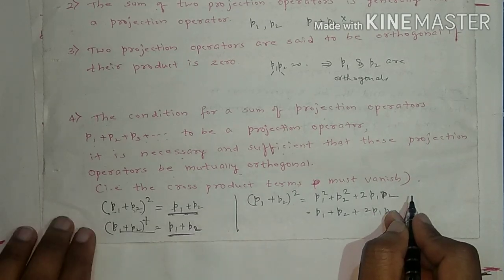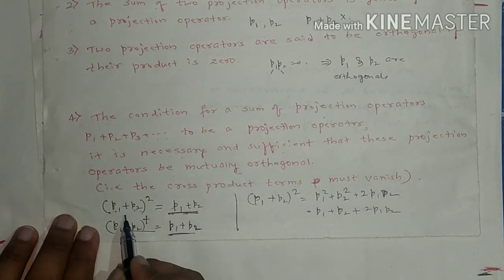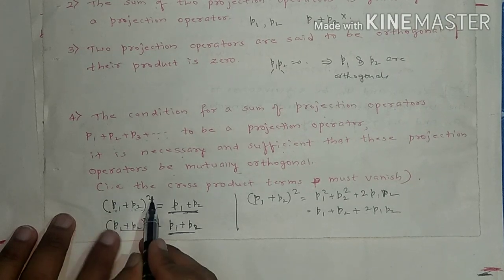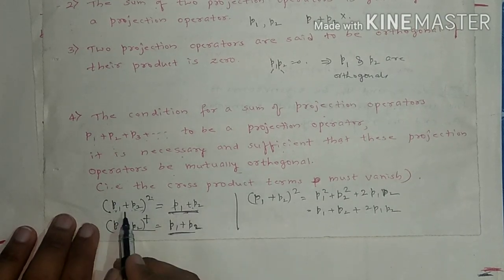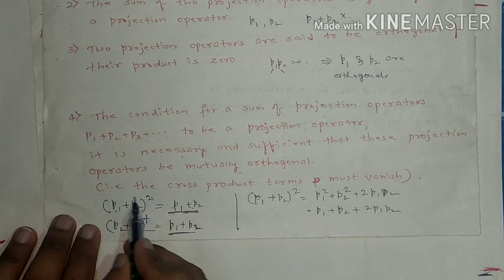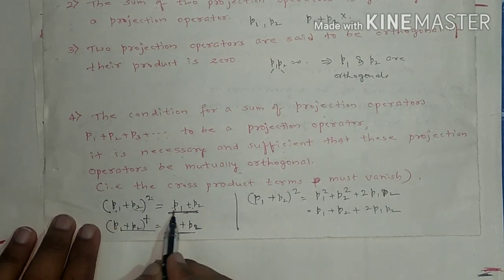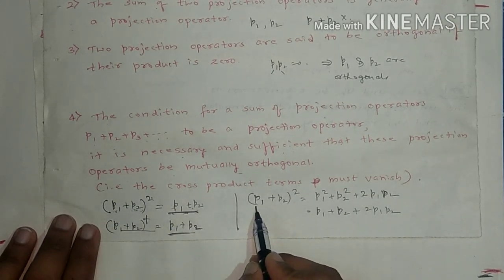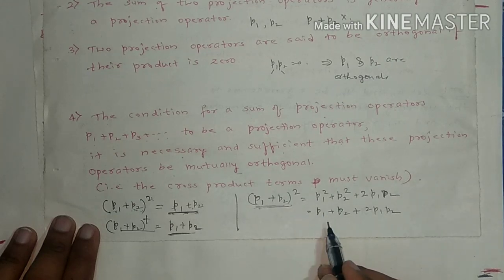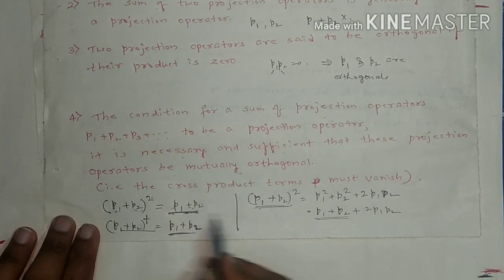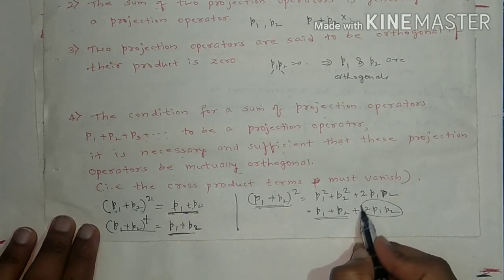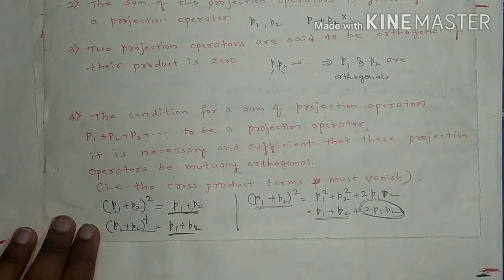So just now we have seen that if we are able to prove that P1 plus P2 square is equal to P1 plus P2, then we say that the sum of two projection operators is also a projection operator. So we tried to do that. We got the required term, but this additional term is there. So how to eliminate this additional term?